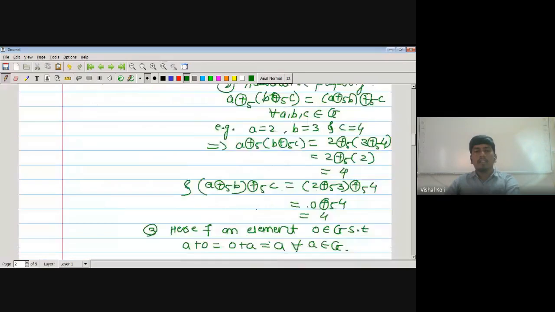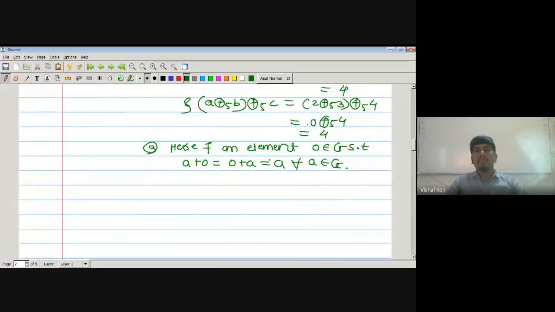Therefore, here 0 is an element belonging to set G such that A plus 0 equals 0 plus A equals A, which implies 0 is the identity element. Therefore, the given operation satisfies the first three properties.